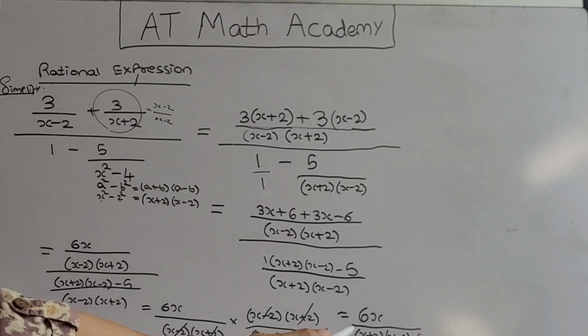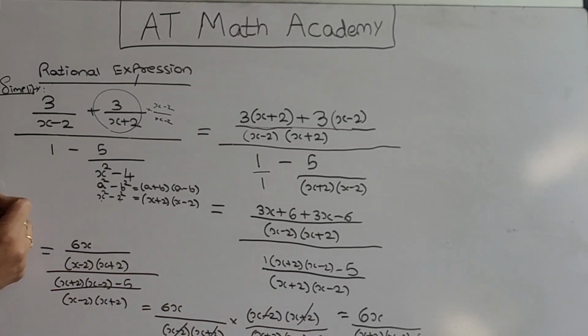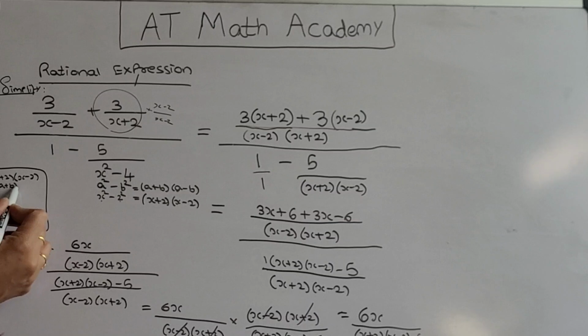When you do so, I'm going to take here x plus 2, when it is multiplied with x minus 2, it is of the form a plus b into a minus b. So I can take it as a square minus b square. So for a I have x, so x square, minus for b I have 2. 2 square is 4.